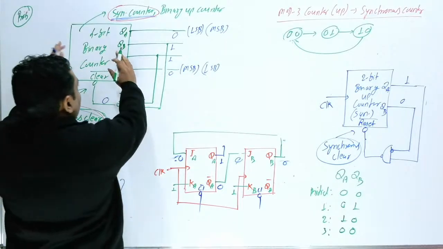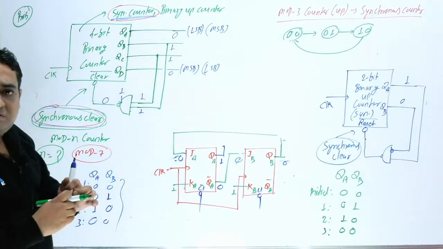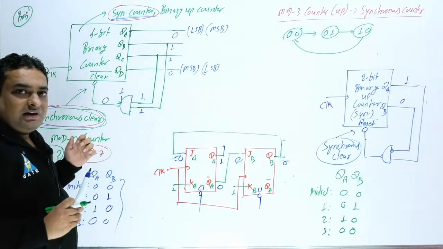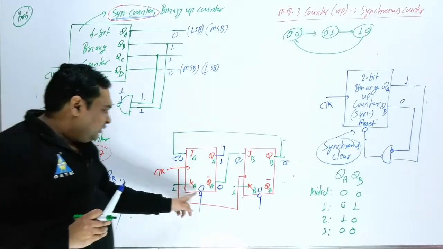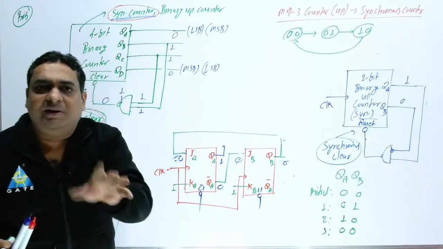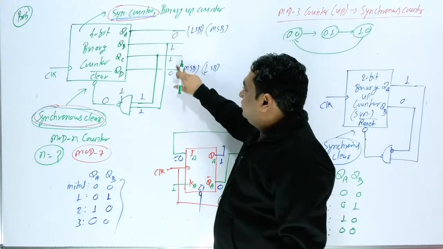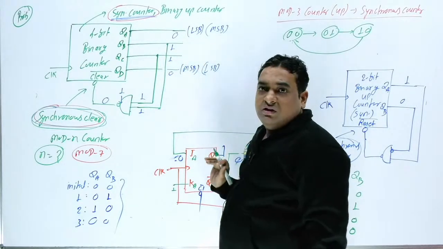So what will be inside this? Inside this is a 4-bit up counter, where you are not going to use the clear or reset button. The last output state is 0 1 1 0.